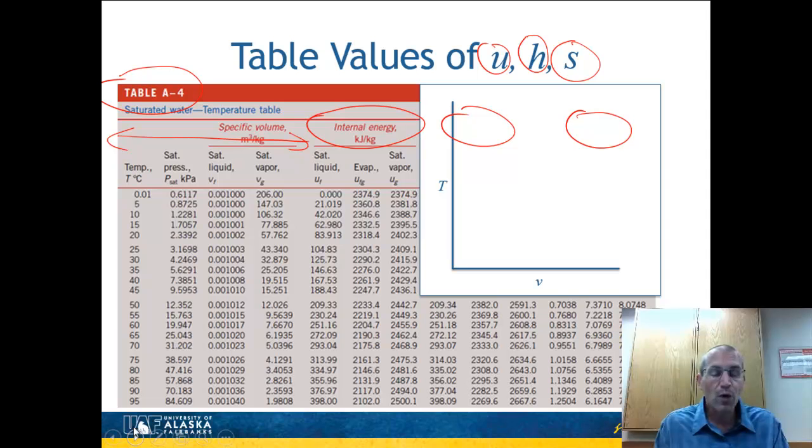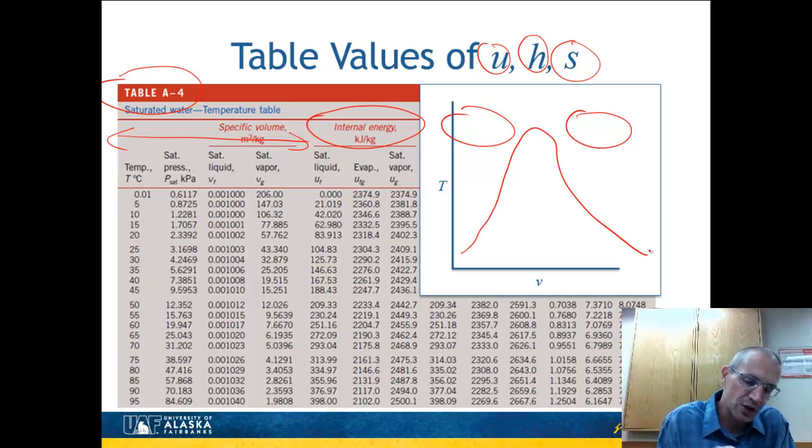Okay, now if I want to go ahead and find values of U, H, and S, let me draw up a saturation curve like this, of, say, a mixture. To find the value of U, it's going to be equal to the value on that line plus some fraction of moving across here. So, for example, if this was at a temperature of, let's say, 20 degrees, and I wanted to know the value of U at that point, I would look across and I realize that Uf is 83.91.